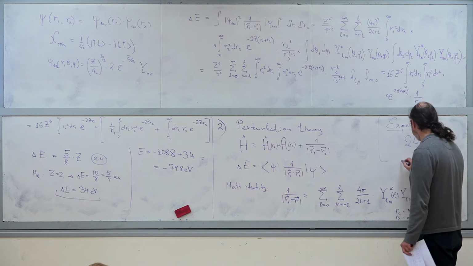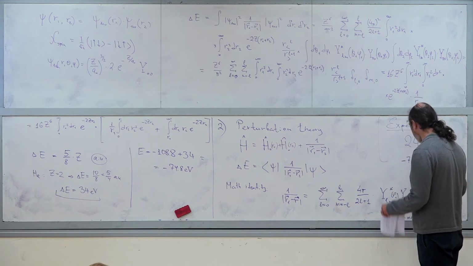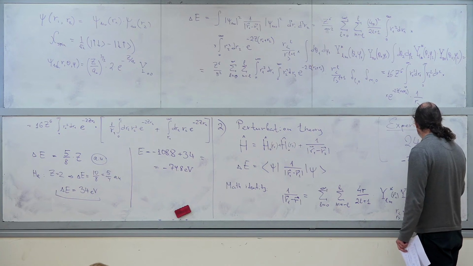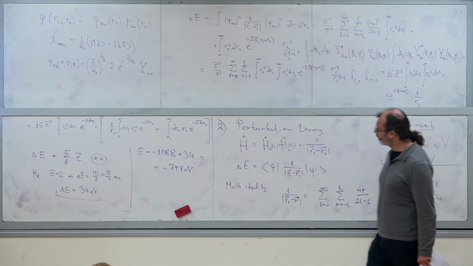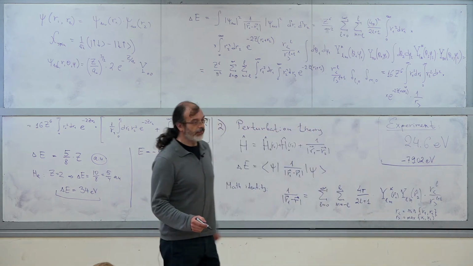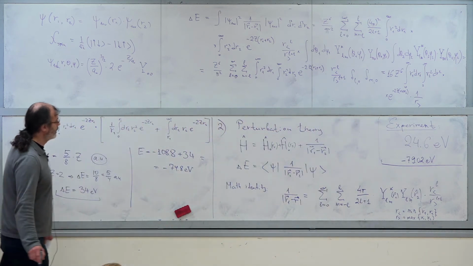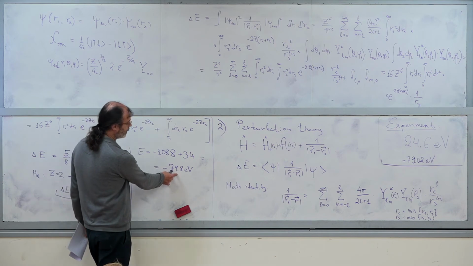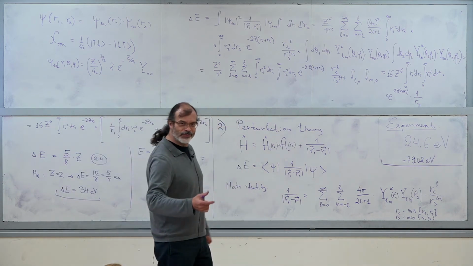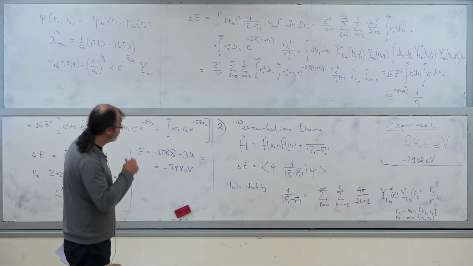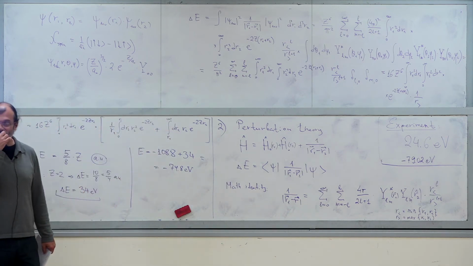The measured value is minus 79.02 electron volts. So what we calculate now with the use of perturbation theory is this number. So it's off by, say, less than 10%, right?